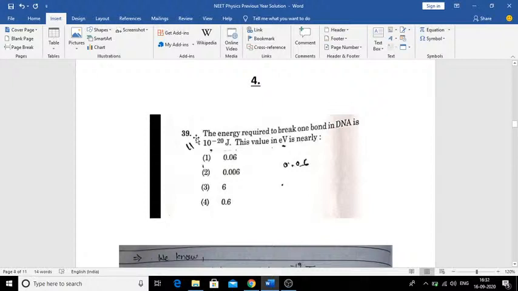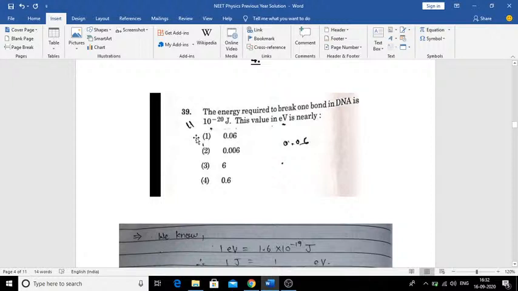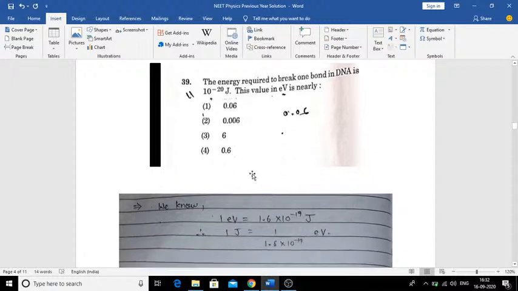Our fourth question is, the energy required to break one bond in DNA is given as 10 raised to minus 20 joule, and this value in electron volt is nearly. There are 4 options: 0.06, 0.006, 6 and 0.6. So we have to find this in the form of electron volt, that is conversion of units.